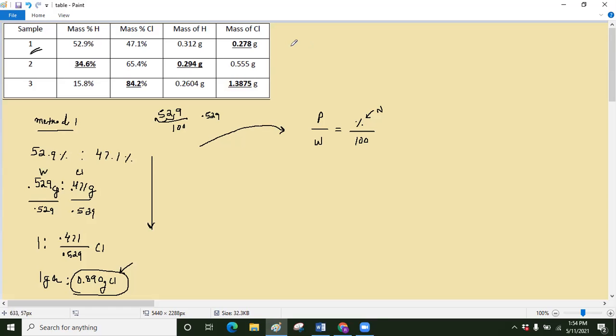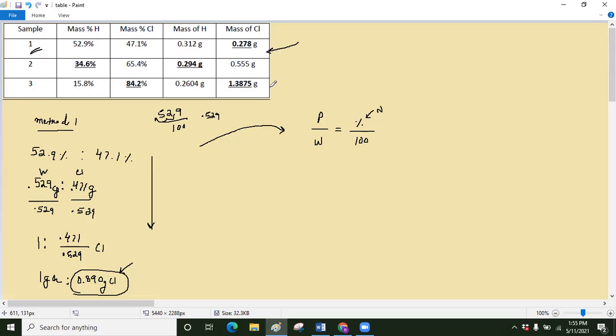Well, the thing is, imagine if I told you had the full amount. You'll notice that you don't have the full amount of the sample, right? You know that hydrogen takes 0.312 grams of that full amount of the sample, but you don't know how much chlorine takes, and that's really the whole purpose of trying to figure out how much of the total is chlorine, right?